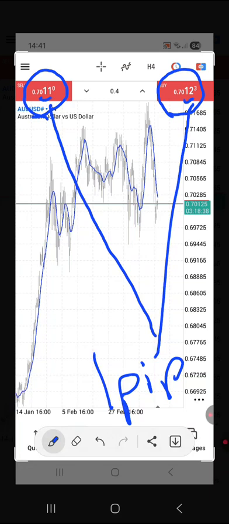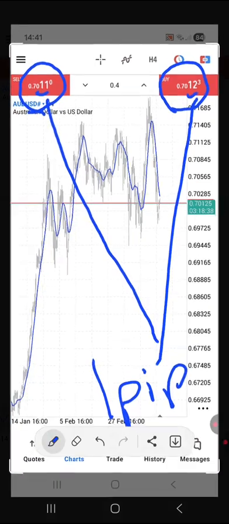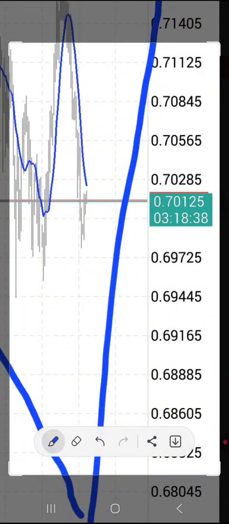So if you look at this, it is at 0.7012. So let's see, 12 to 72, that would be 40 pips down, if you can do some math there. So between there and there, that is 40 pips.